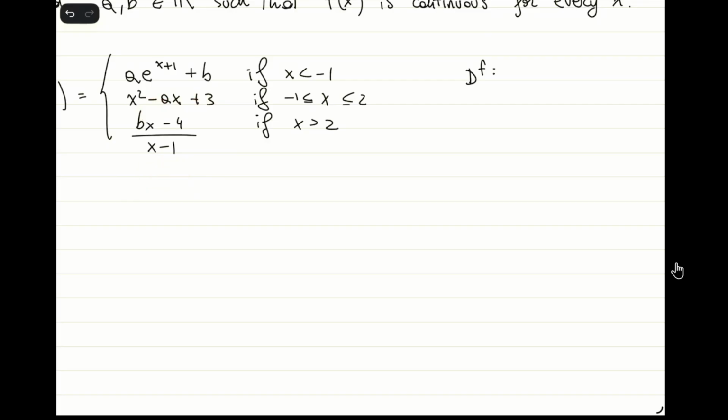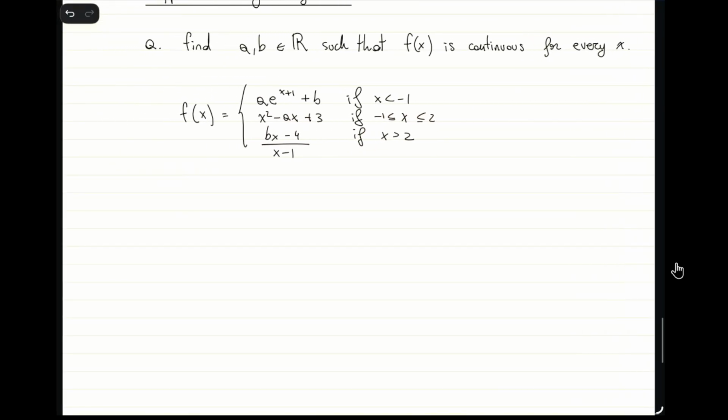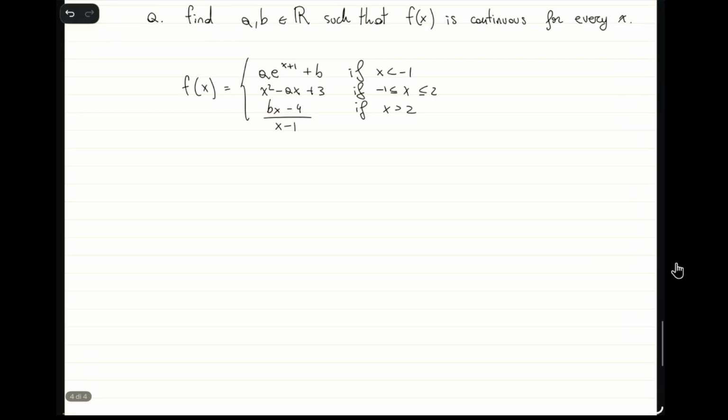But we know that our function will be this when x is strictly greater than 2, so our domain is not important in the sense that we don't have to worry about anything.